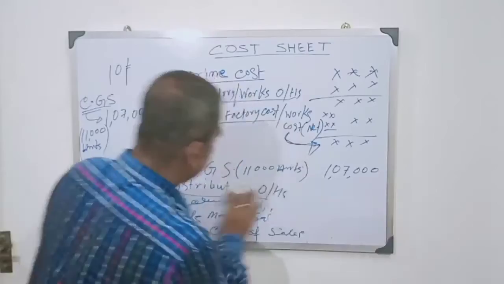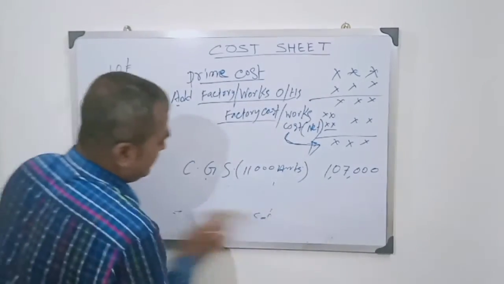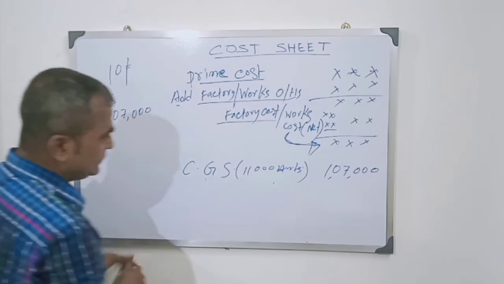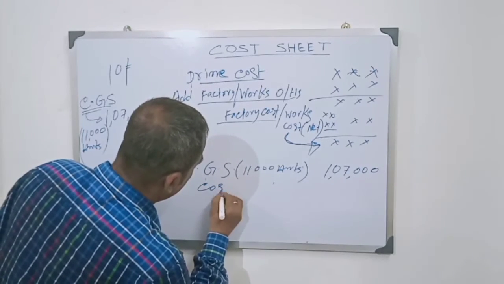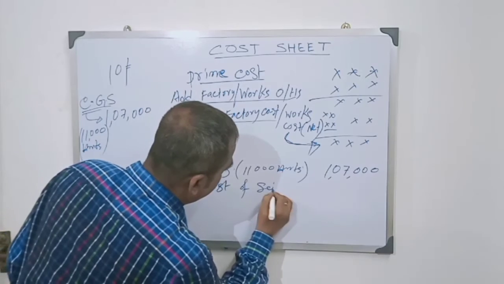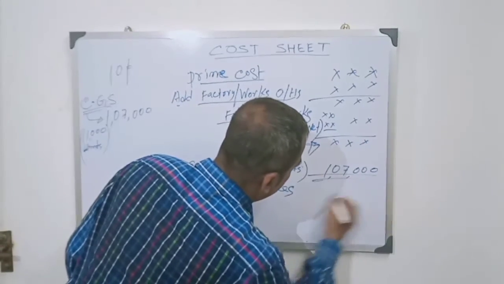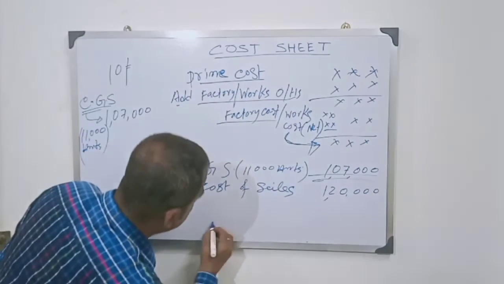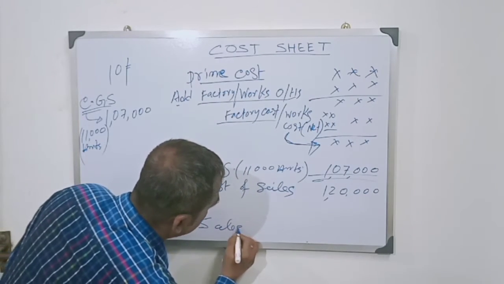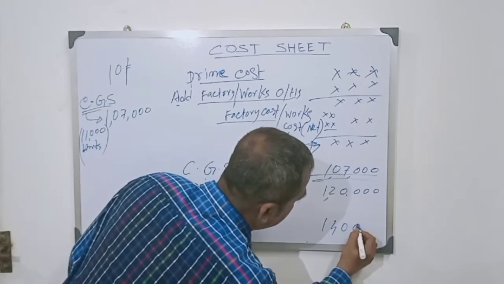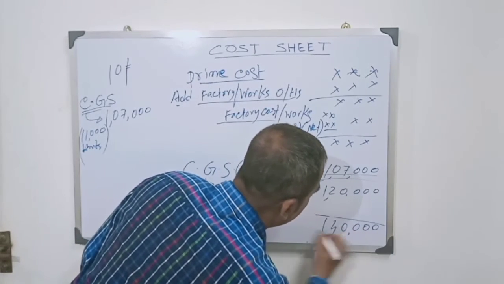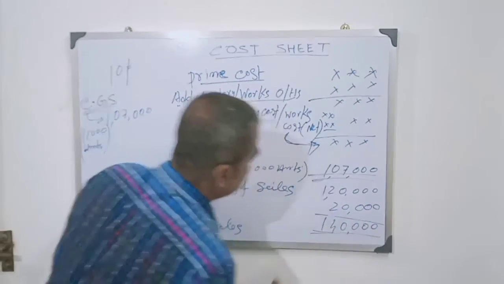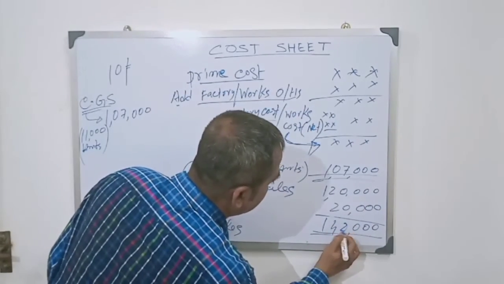CGS we got this. Then cost of sales 1,20,000, and say sales here 1,42,000.